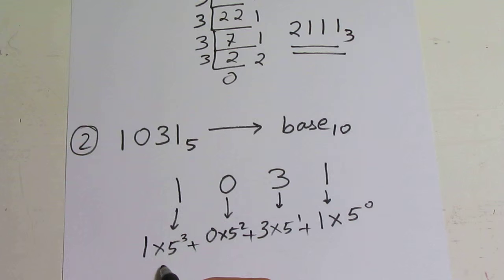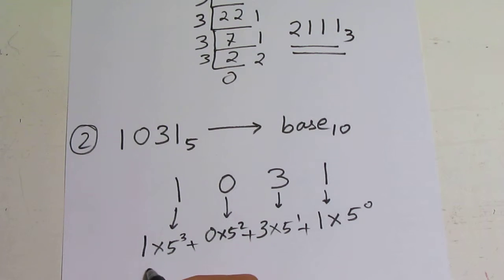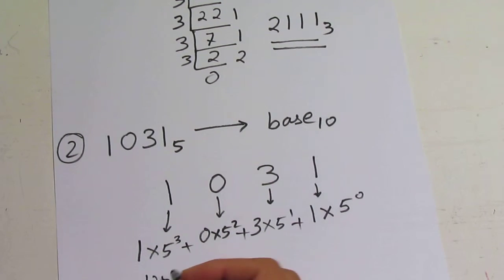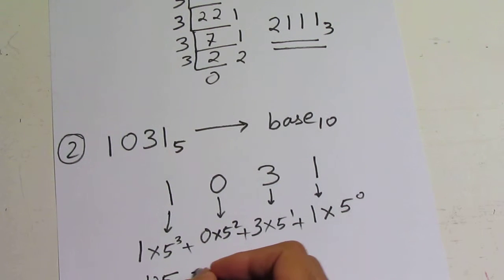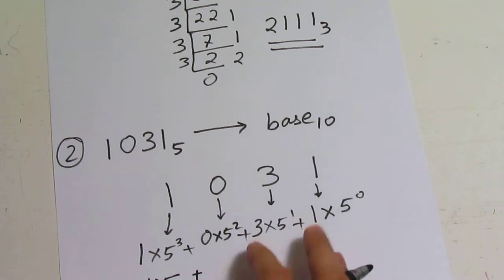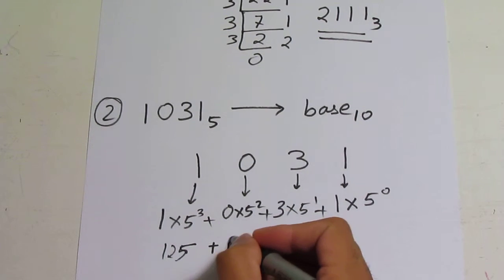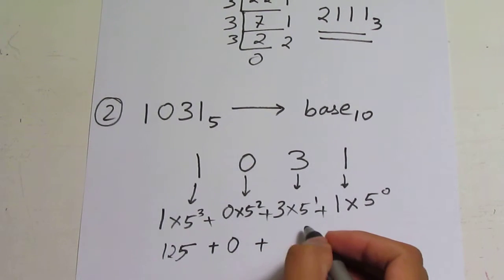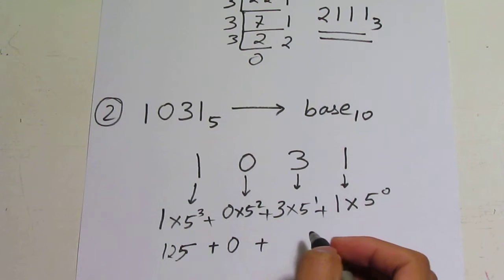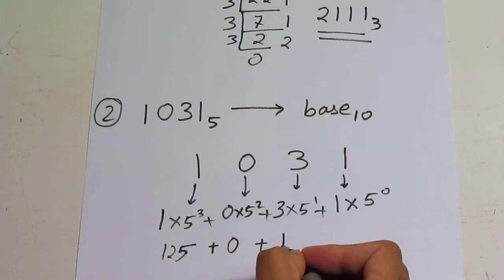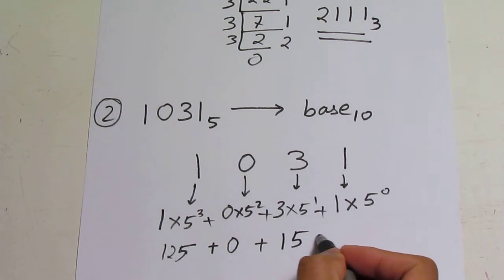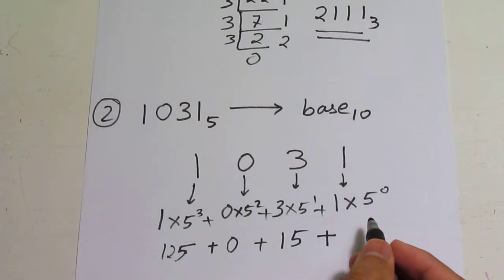So 1 times 5 cubed is 125. Let me write it. Okay. And then plus 0 times 5 squared is 0. Plus 3 times 5 to the power 1 is 15, plus 1 times 5 to the power 0.